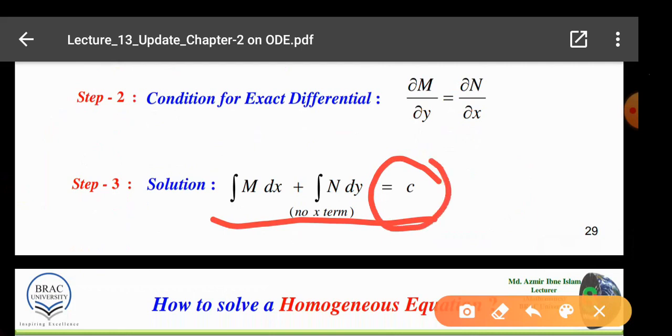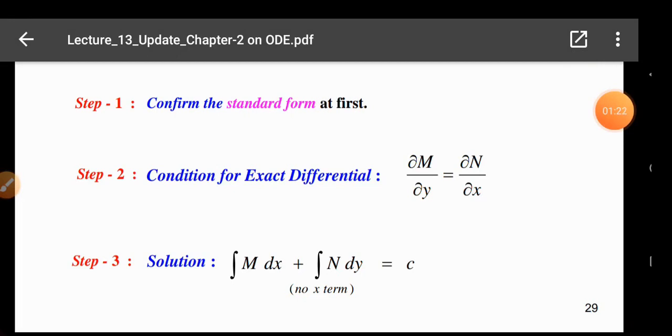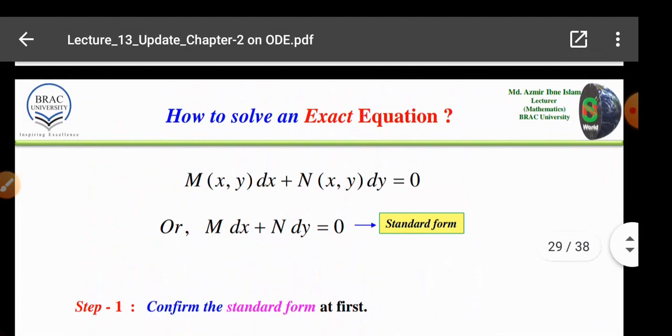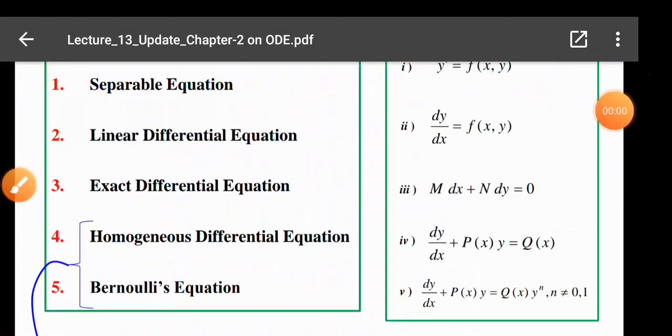But there is a condition here, whenever you are integrating N, that will not contain any x term. You will understand what I am saying if we solve one problem, but for now try to understand or remember this concept. So this is the process how we can solve an exact differential equation.